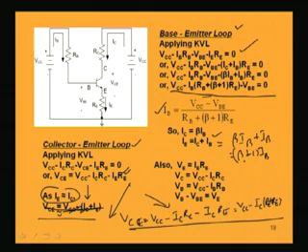Also here, if I want to find the voltage at the emitter point with respect to ground, that I can find out: VE is equal to IE into RE. And what is the voltage VC? When I name VC, it represents the voltage with respect to ground. There is a difference between VC and VCE, mind it. VCE is between the terminals C and E, but VC is the voltage at the collector with respect to ground, and that is equal to VCC minus IC RC.